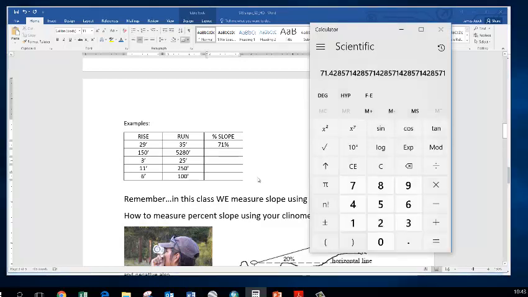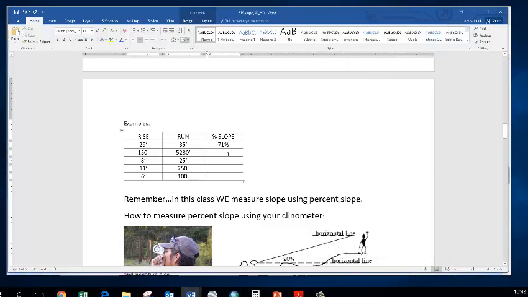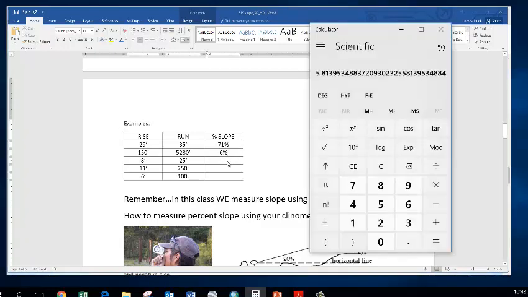I've gone 150 feet of rise in 1 mile. So 150 divided by 5280 times 100. And that's about a 6% slope. I'm just going to go to the nearest. Okay. Get the idea? 3 feet divided by 25 feet, rise over run, times 100 equals, that's a 12% slope.